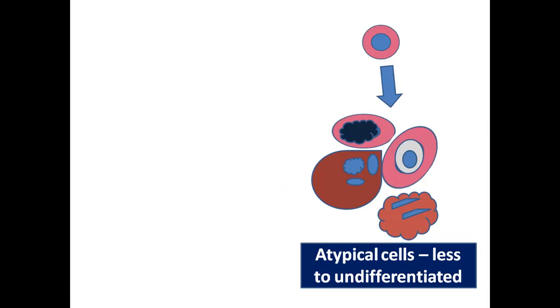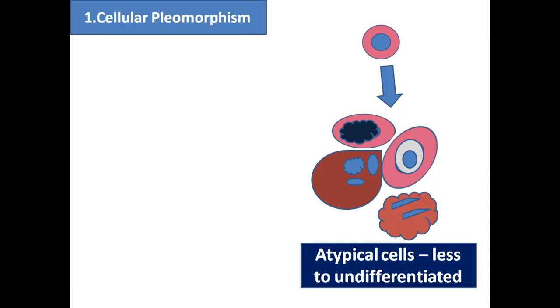Another thing, cells of malignant tumors do not obey the normal growth laws, right? So when cells divide, they divide rapidly. They do not give so much concern to be all of the same shape, right? So this is called cellular pleomorphism. Pleo means poly, multiple.